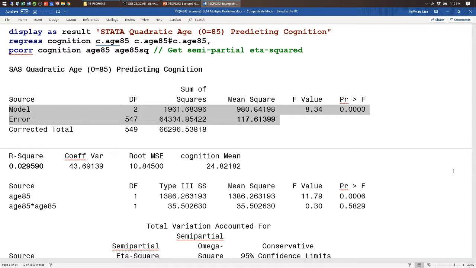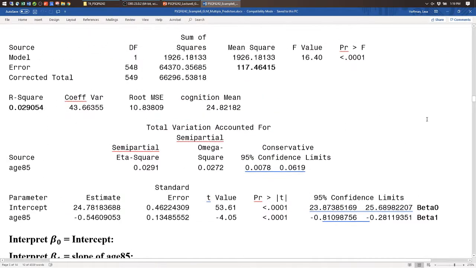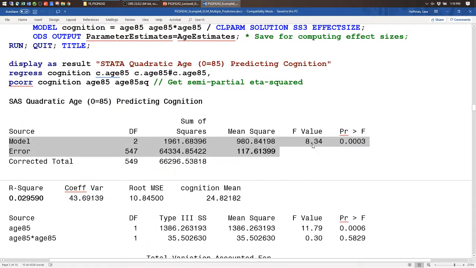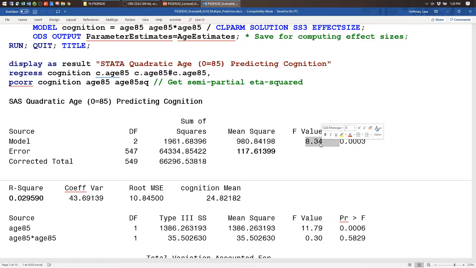Still yes, but look at how much smaller my F is. It went from 16 down to 8. Like 16 divided by 2 almost. Because F is like, it's per slope to get the information, to get the known. And having something in the model that doesn't help drags down the average contribution of your slopes.